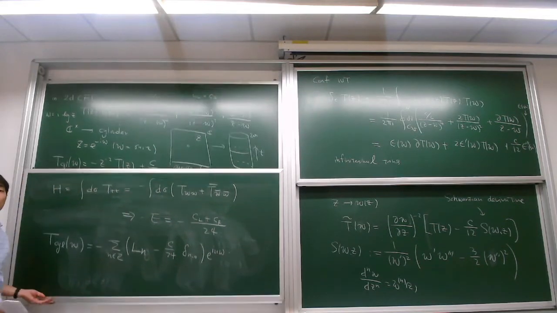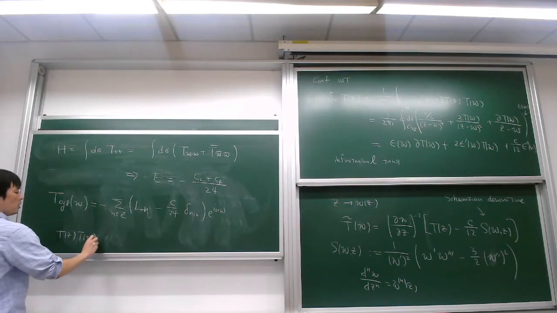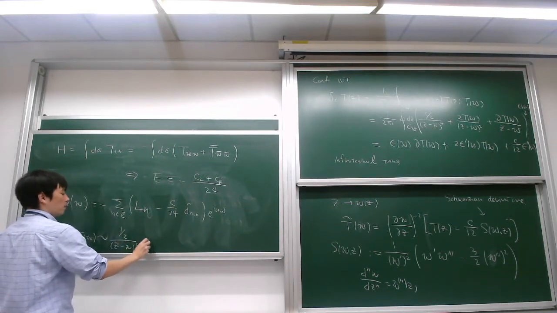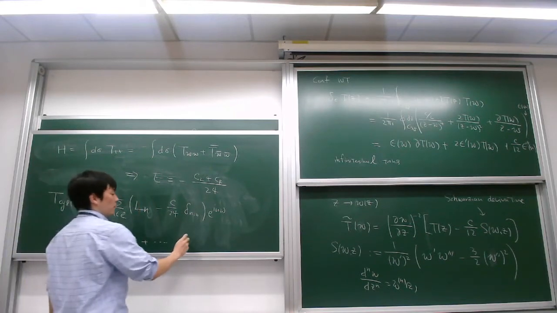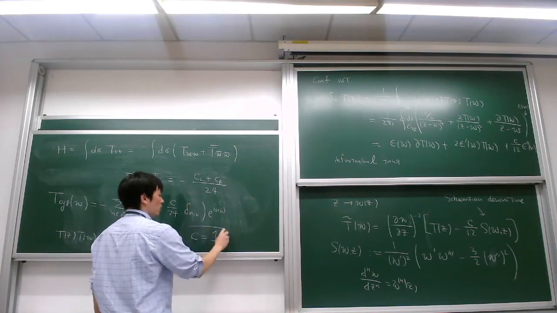we obtain T(z)T(w) is equal to 1/2 over (z minus w) to the fourth plus dot dot dot. So therefore, the central charge for the free scalar theory is equal to 1.